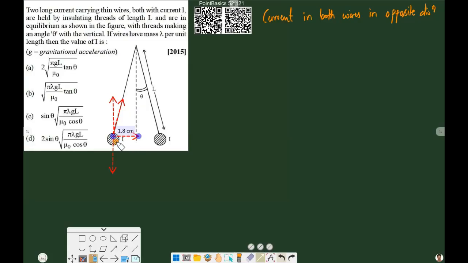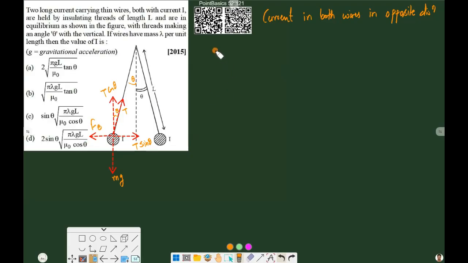And we will also have a magnetic force, a repulsive magnetic force. So this is mg. This is T sin theta. This is tension, because this is theta and this is also theta. So this will be theta. And this is T cos theta. And here we have magnetic repulsive force.